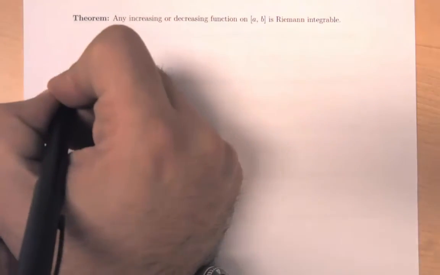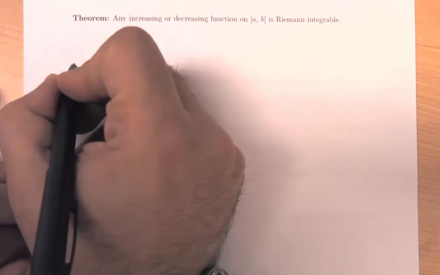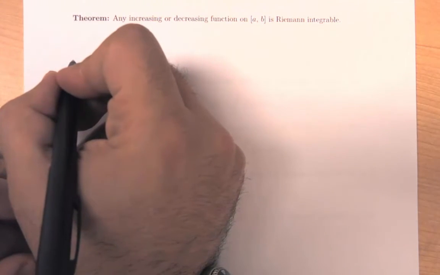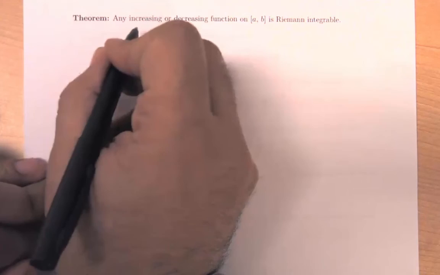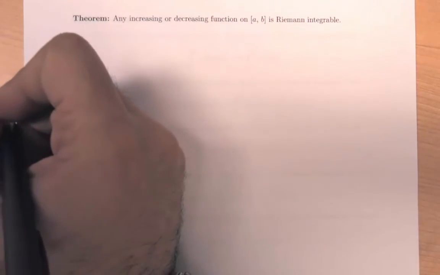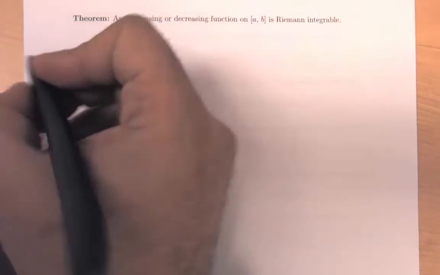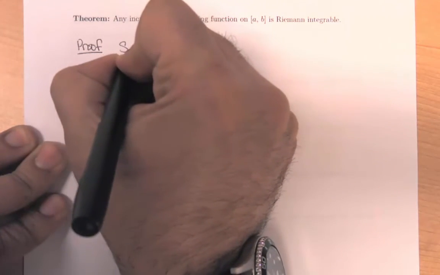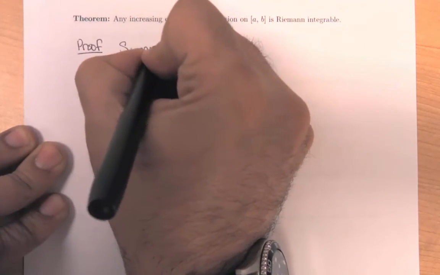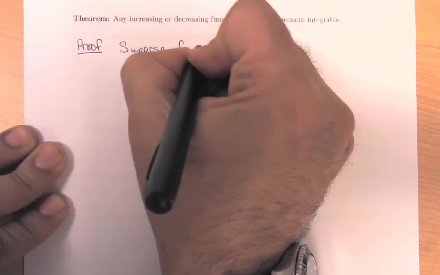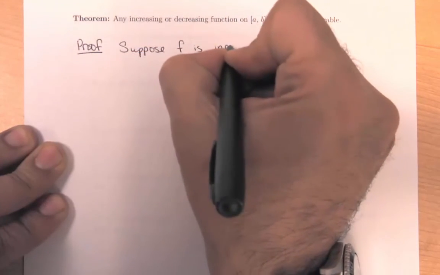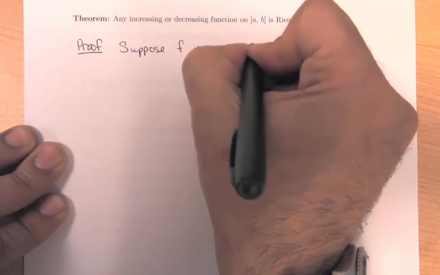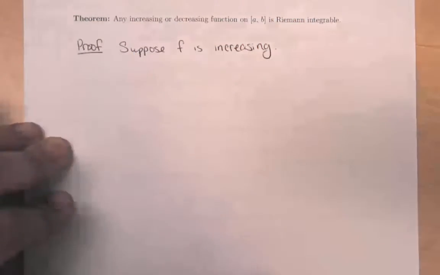And now we come to the second class of functions for which we are guaranteed Riemann integrability, increasing or decreasing functions. Well, suppose that we consider the case of an increasing function. Suppose that f is increasing.